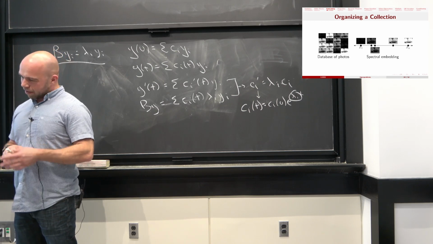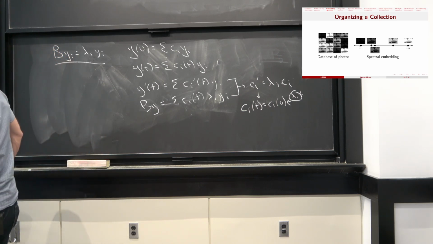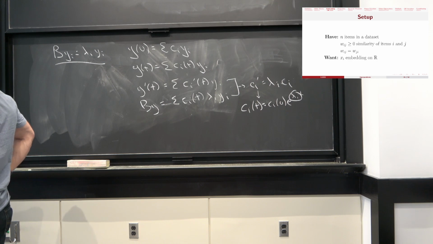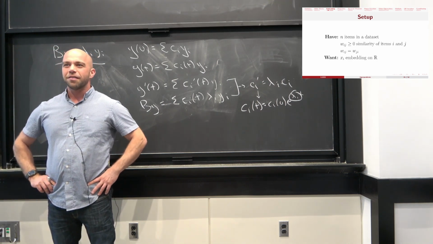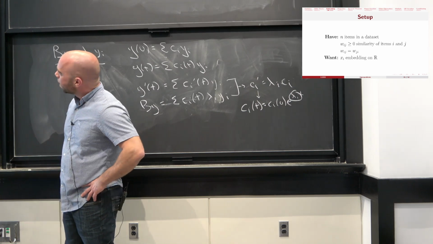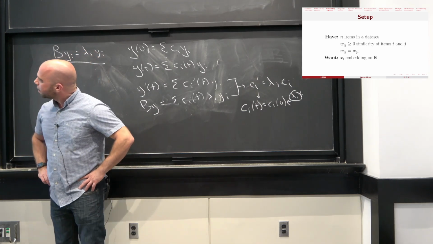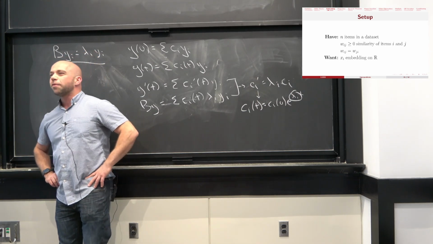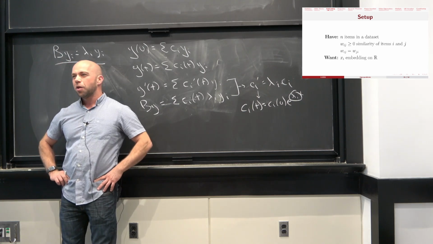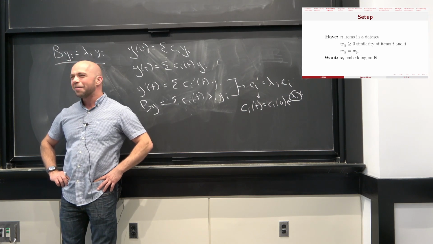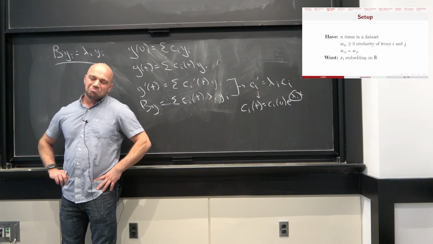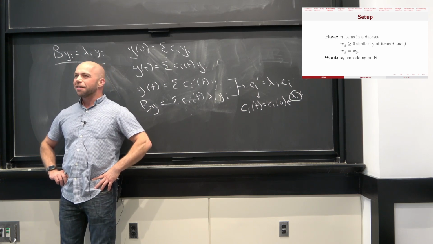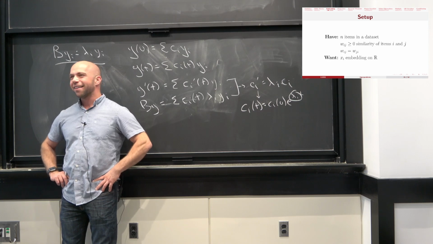Okay? So here's going to be our setup for this problem, which is suppose that we have n items in a data set. For instance, just a collection of n photographs. And I'm going to have a value w_ij, which is the similarity of photos i and j. So w could be complicated, it could be simple. For instance, maybe w is the difference in the average pixel value of the two photos, or e to the minus that.